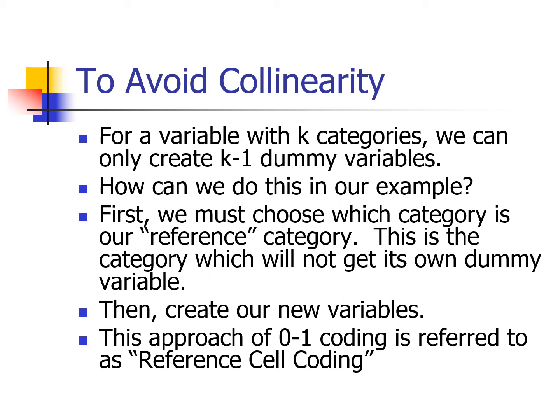So what we do is we basically choose one of these k categories, one of these 3 universities, to be omitted, to not have a dummy variable. It turns out this university that does not have a dummy variable becomes our reference category or our reference group. And then we go ahead and code dummy variables for the other outcomes.